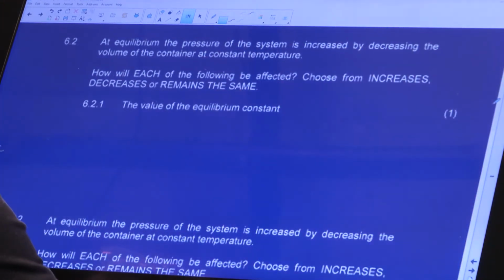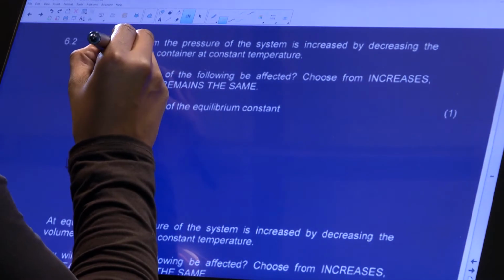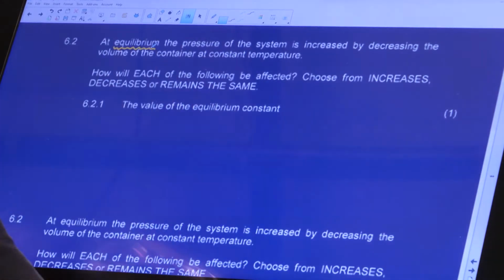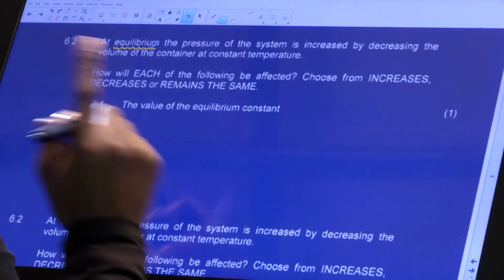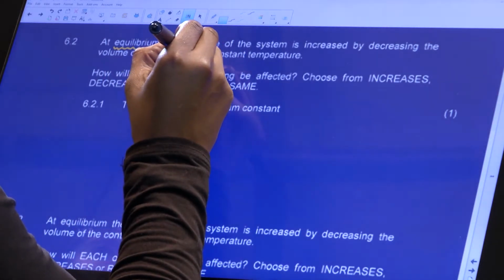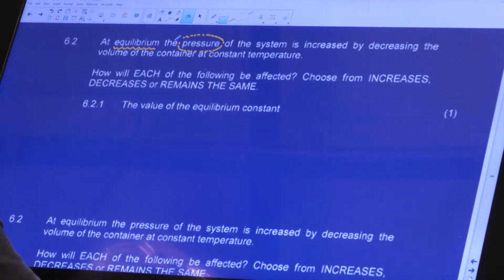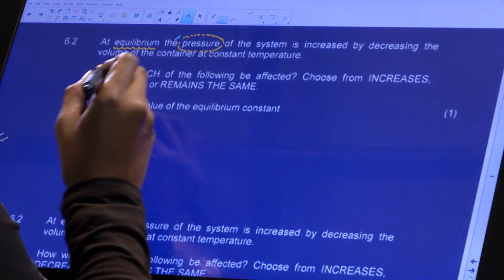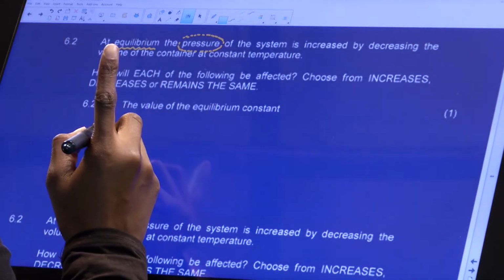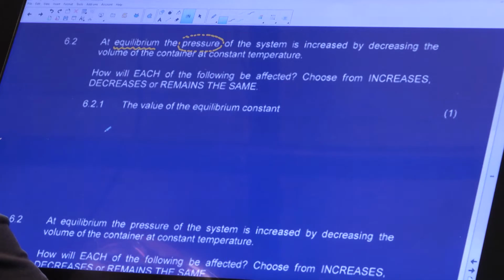Number 6.2 says, at equilibrium, very, very important. At equilibrium, the pressure of the system is increased by decreasing the volume of the container at constant temperature. Now remember that when we increase or decrease pressure, according to Le Chatelier, the system will shift in such a manner as to counter that stress. How will each of the following be affected?